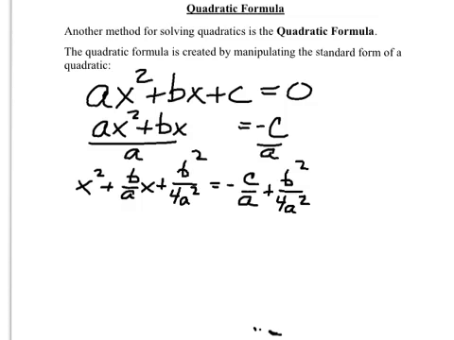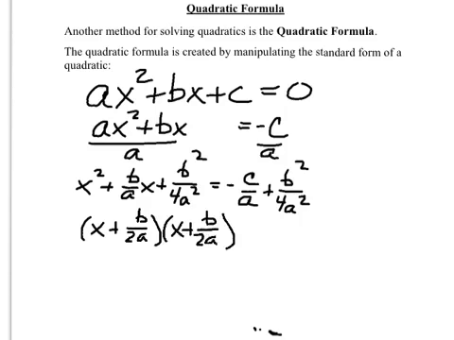So the next step is to factor, and I believe in one of my other videos I told you that in order to factor a perfect square trinomial, you're going to use the square root of this right here. So the square root of that is b over 2a times x plus b over 2a.